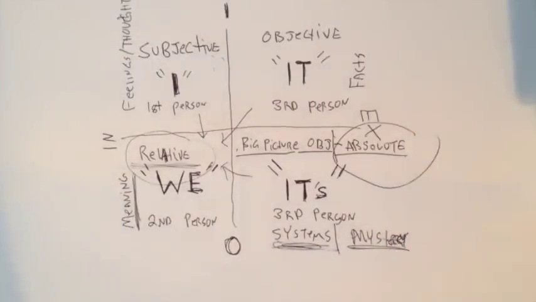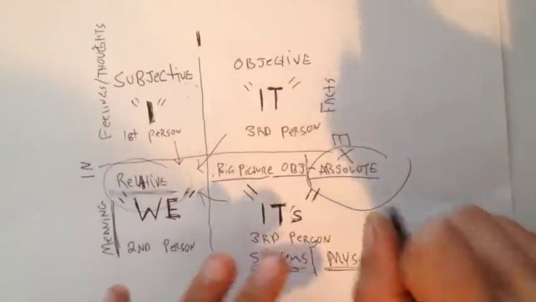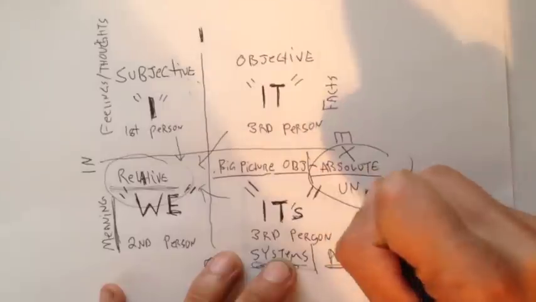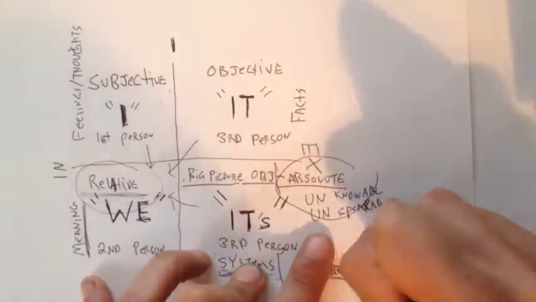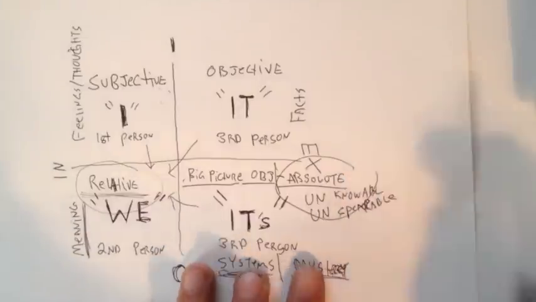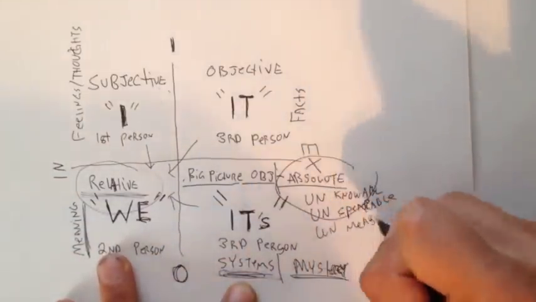So these are kind of the different types of truth that people talk about. They talk about the absolute truth, which is unknowable and unspeakable. Okay, and part of unknowable is also probably unmeasurable.